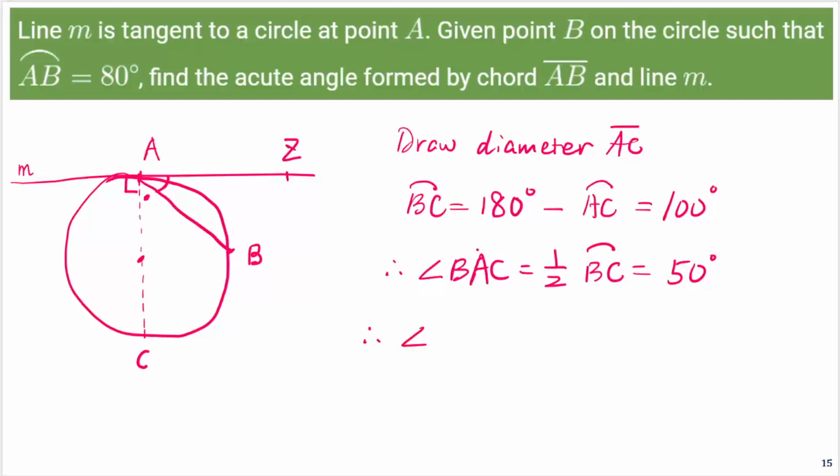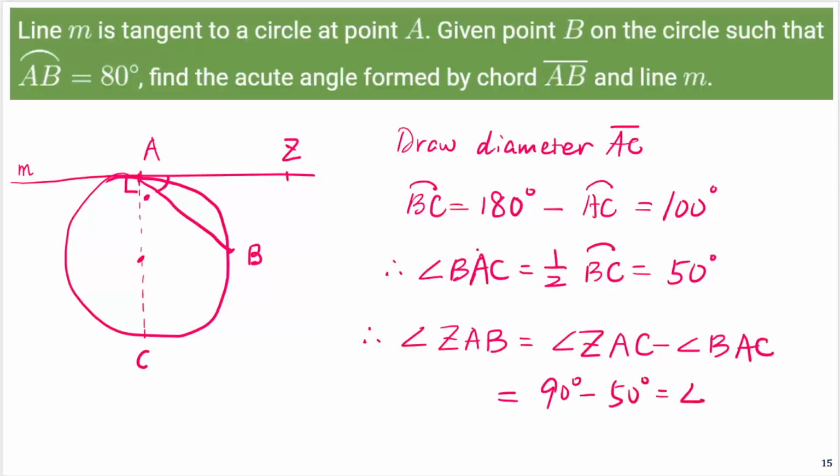Then of course you know angle ZAB equals angle ZAC minus angle BAC, which equals 90 degrees minus 50 degrees, and that leaves us 40 degrees, right? Did you get it? And actually, you notice that angle ZAB here is 40 degrees, which is 1/2 of the arc AB, which is 80 degrees, right?